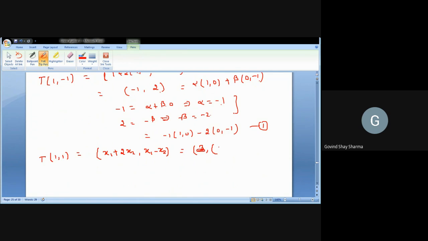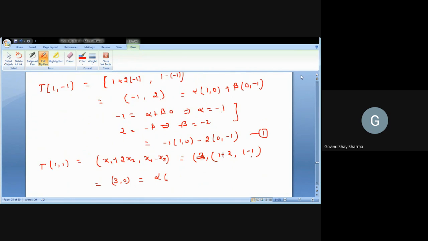Actually we can write the value 1 plus 2 and 1 minus 1 is equal to (3, 0). It becomes alpha times the basis of S: alpha (1, 0) plus beta (0, -1).